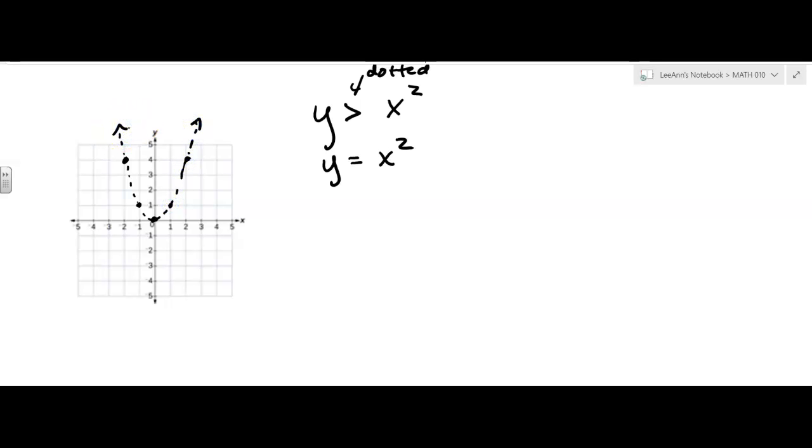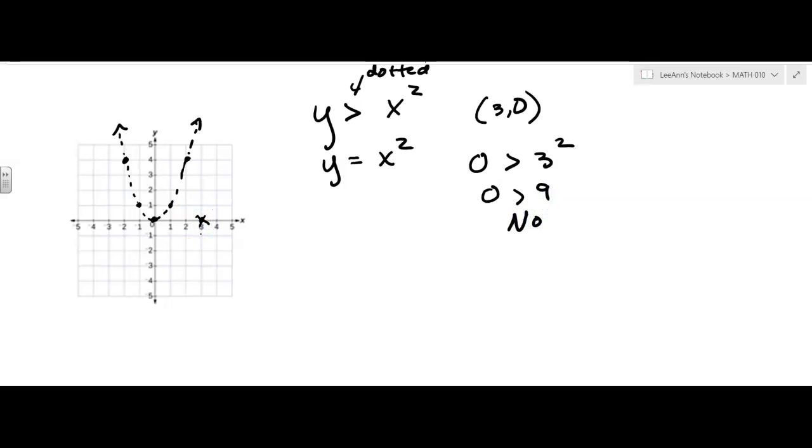Then you have to pick a point not on the parabola. This time I can't pick 0, 0, so I'll pick 3, 0. I just have to pick a point that's not on the parabola. If I put in a 3 for x and a 0 for y, I get 0 is greater than 3 squared. 0 is greater than 9? No. So not this point.